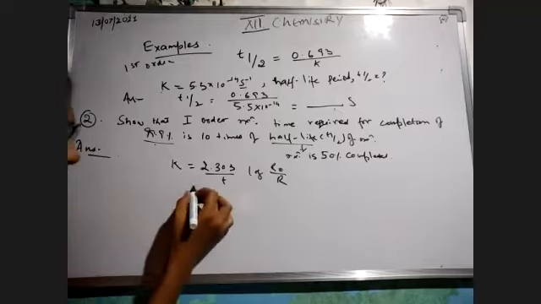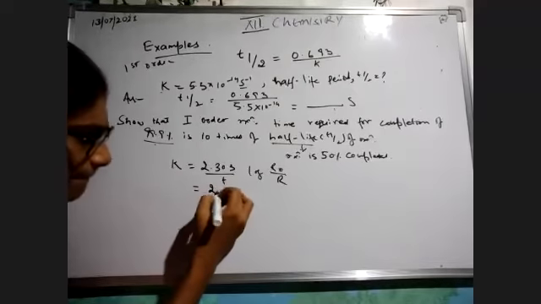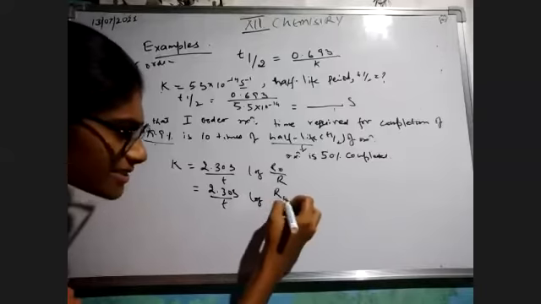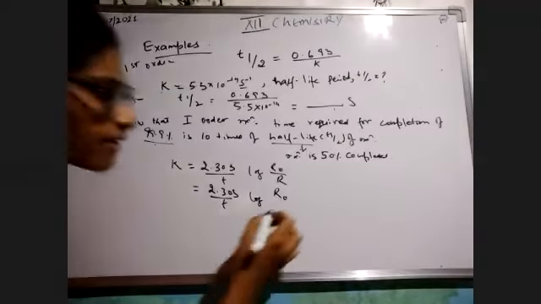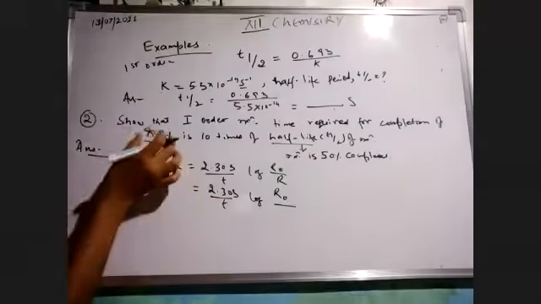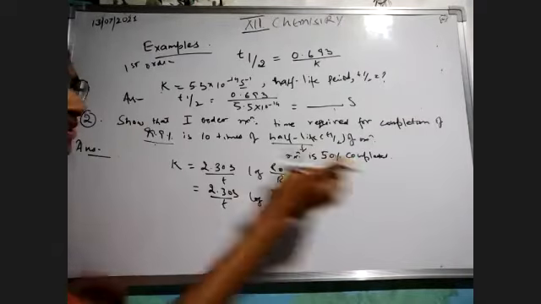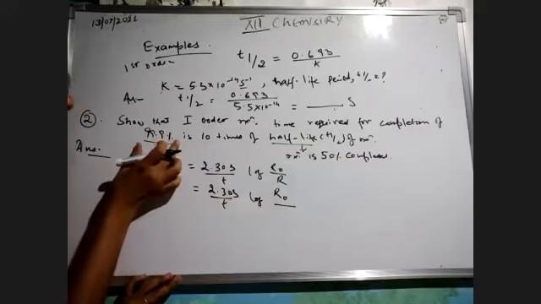First of all, log R naught means the initial concentration is the same. We haven't been given any R naught, so we just write it as R naught. But 99.9% means the concentration has been reduced. Again I'm saying, my reaction has completed 99.9%.